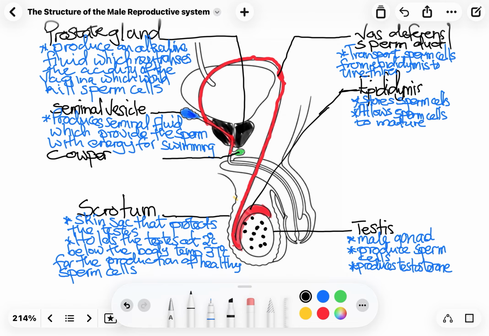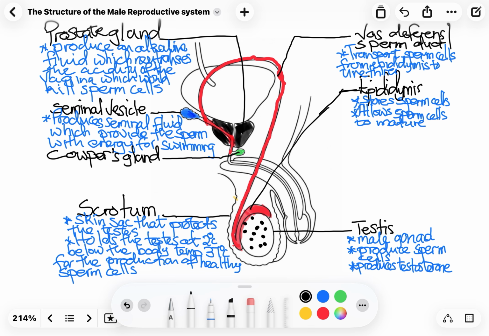The corpus gland secretes a fluid that is mucus-like, or we can say that it secretes mucus. And this mucus helps the sperm cells with movement.